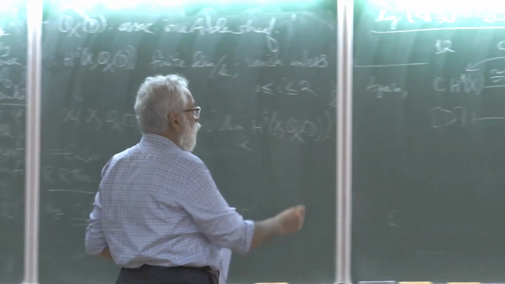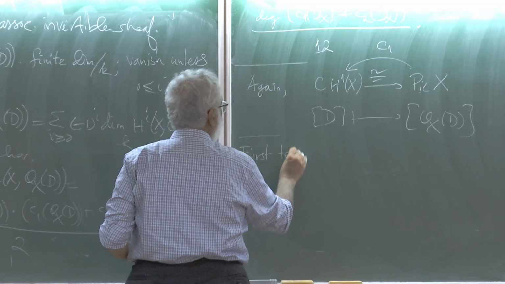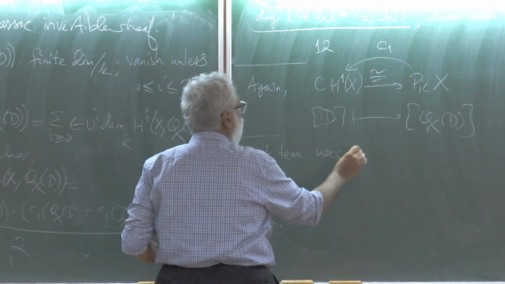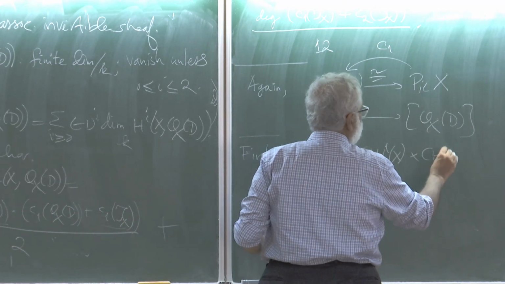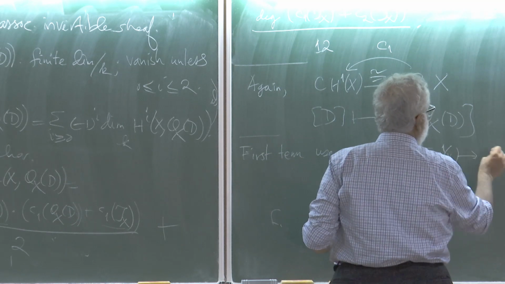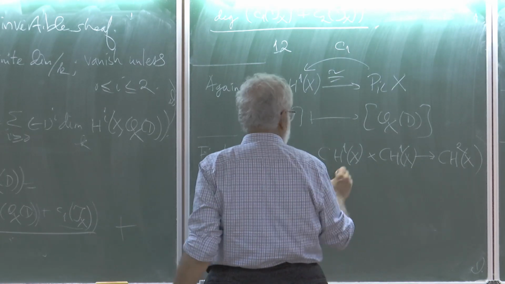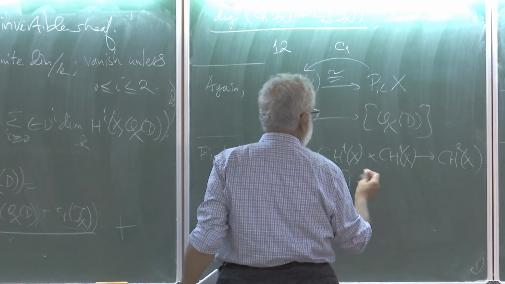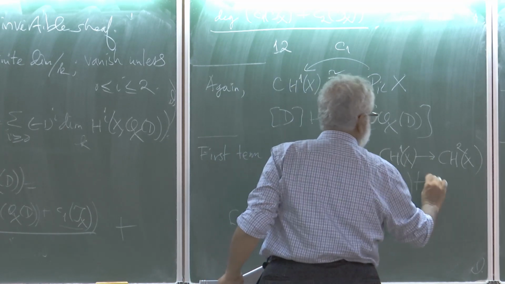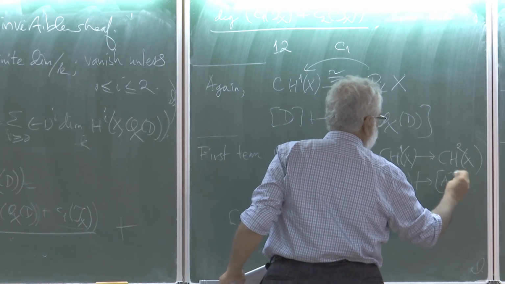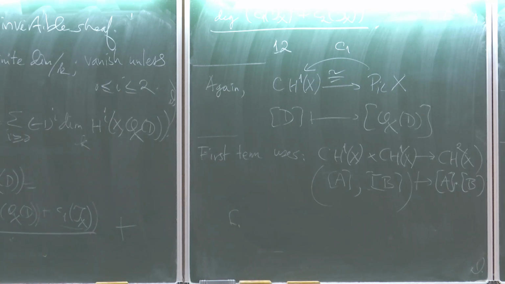So the dot, the first term, uses Chow^1(X) cross Chow^1(X) to Chow^2(X), which I've written in the form (A, B) goes to A dot B. That's the way I've written this dot here to mean the intersection product.